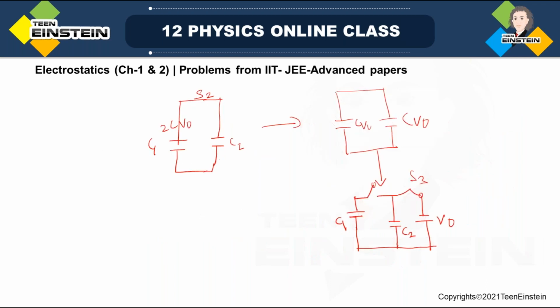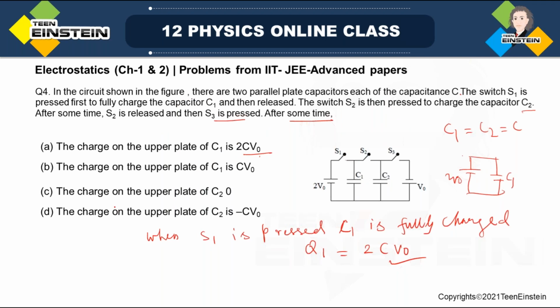That is not correct, because after S2 is pressed, these two will be equally distributed. So the upper plate will have CV0 charge. The charge on the upper plate of C1 is CV0.